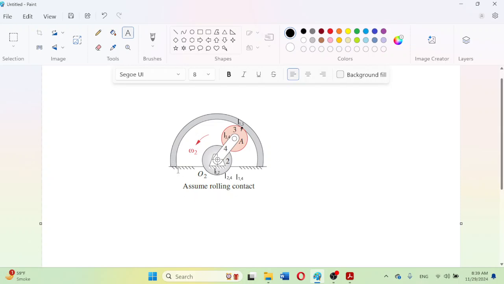When a vehicle is traveling on the road and it is in pure rolling, means one-to-one contact between the tire circular surface and the road flat surface. So the every contact point on the road is actually the instant center at that moment. So in a similar manner here the contact point has zero velocity at the moment of contact, because this link number third is in pure rolling. So this is instant center I1 comma 3.